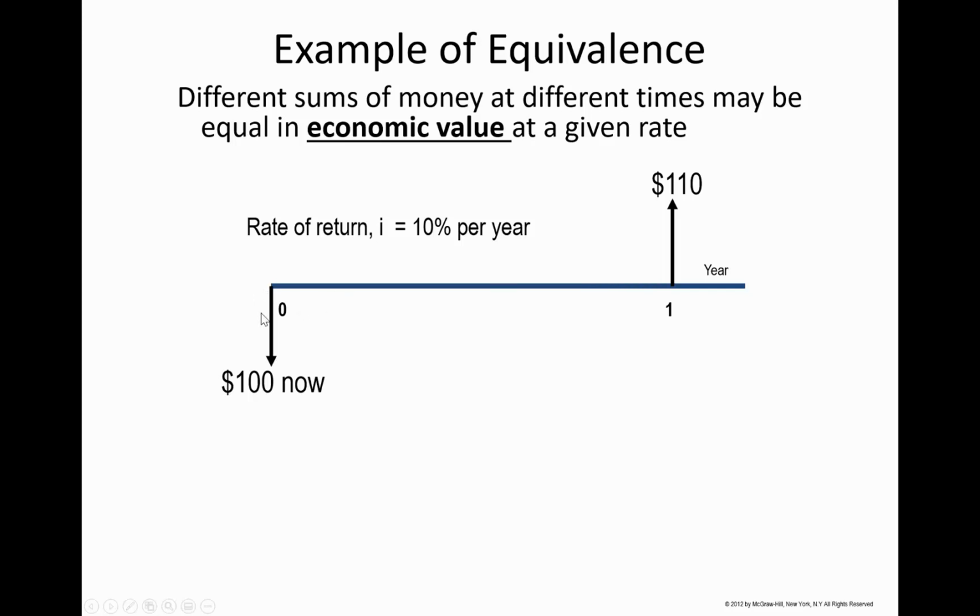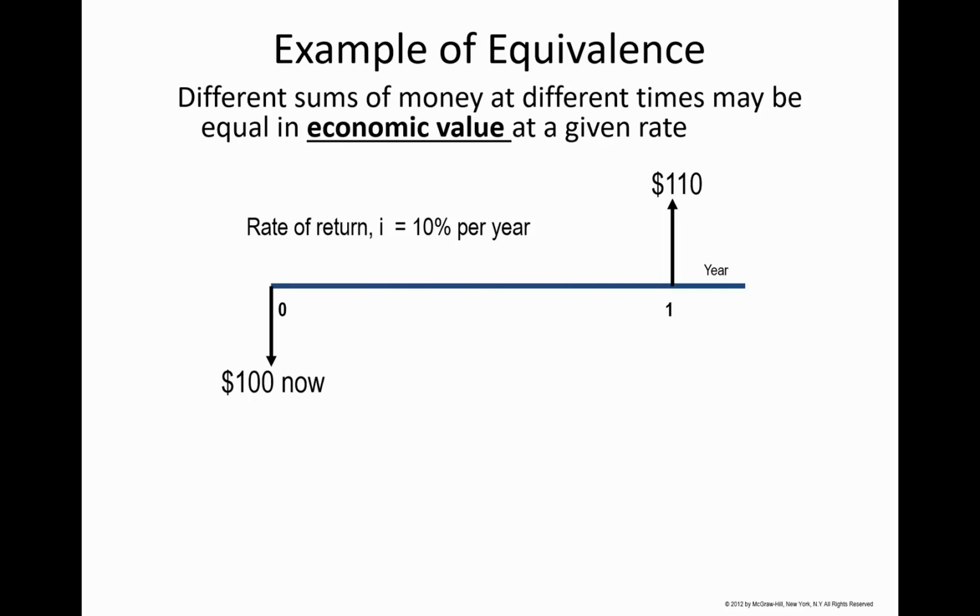Now, these are economically equivalent in terms of the magnitude of the amounts. I'm not saying that a deposit is the same thing as a withdrawal. You'll sometimes have problems where it's going to ask you, if you make a deposit, how much can you take out in the future? And then those would be different directions in a cash flow diagram, because one is a deposit, one is a withdrawal.